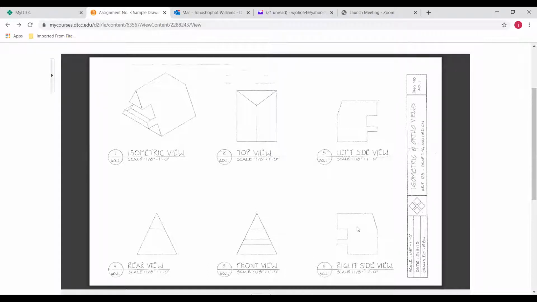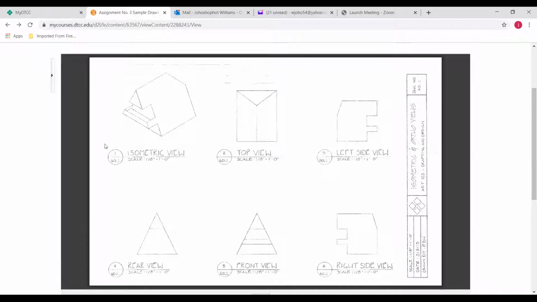Also note that the right side and the left side are also in horizontal, vertical alignment. So keep things in vertical and horizontal alignment as you create these orthographic views. The top view is as if you were suspended above the roof, looking down, and you will see the surfaces.